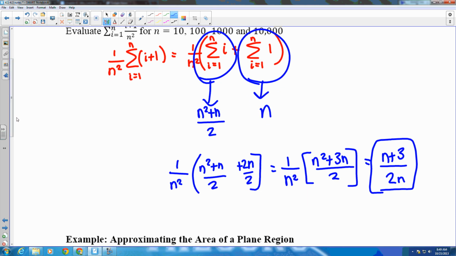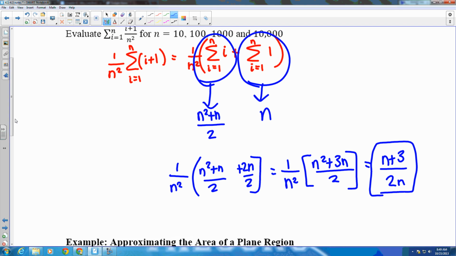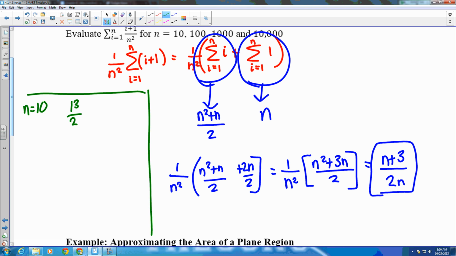Once we simplify it all the way down, we're going to put in 10, 100, 1,000, and 10,000. So we put in 10, it's 10 plus 3 over 20. We have this on the side over here. n is 10, 13 over 20. n is 100, 103 over 200. n is 1,000, 1,003 over 2,000.